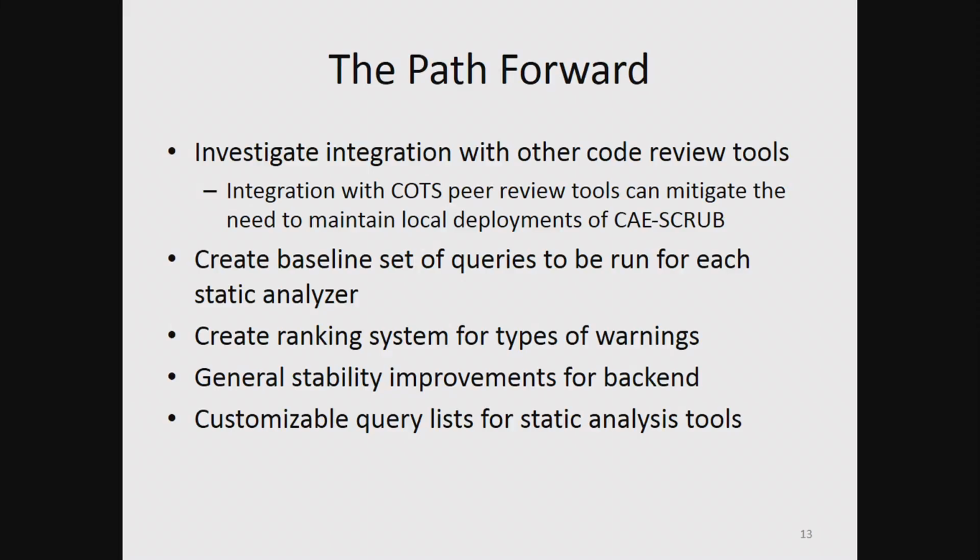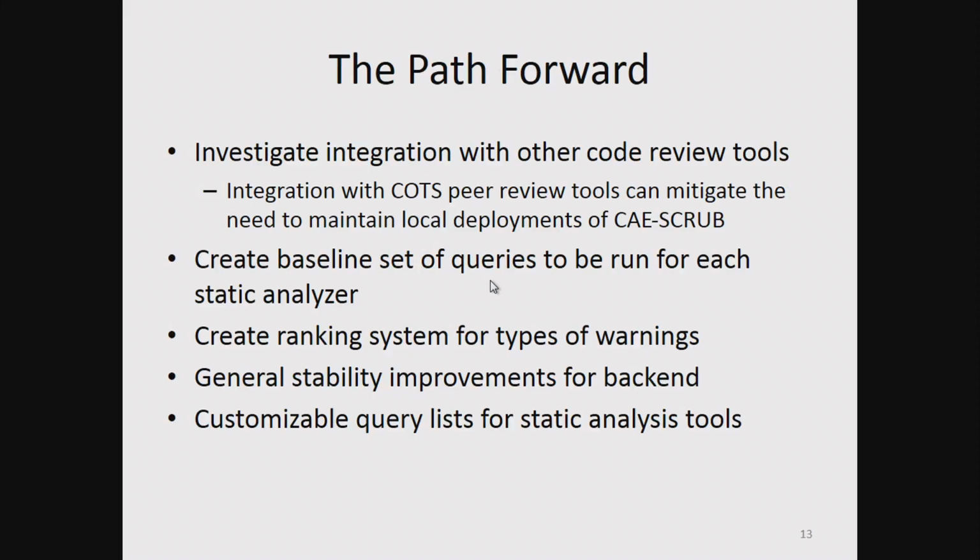We'd like to create a baseline set of queries for each of the static analyzers. There's a default set that comes from each vendor, but that's not always applicable to flight software development. Ideally, we would go through all of this and define a baseline set of queries that should be run for each analysis in case the teams don't know where to start.